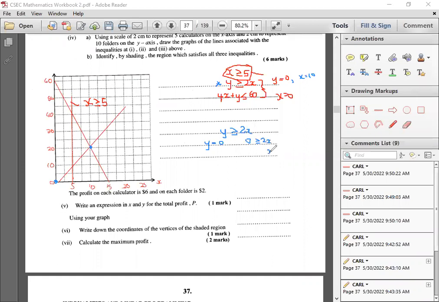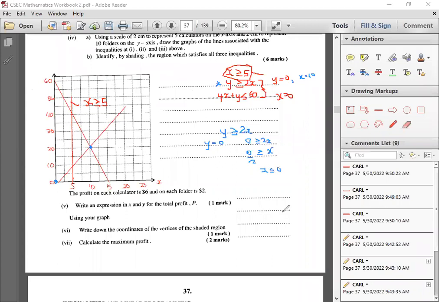So x in this case is going to be less than or equal to 0 over 2, so x is going to be less than 0.